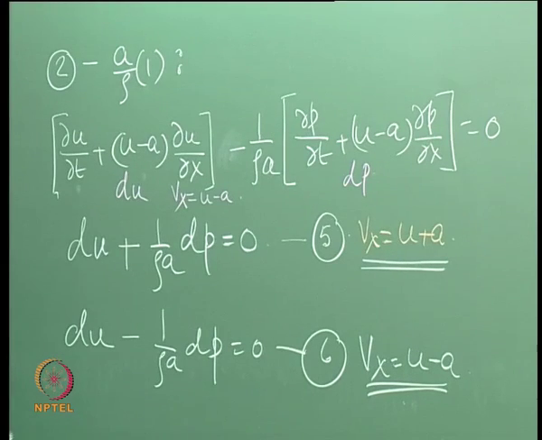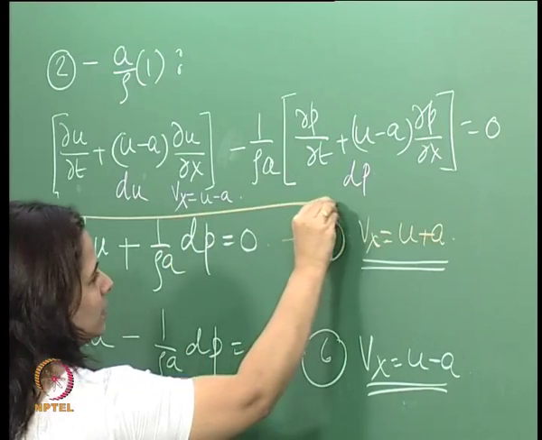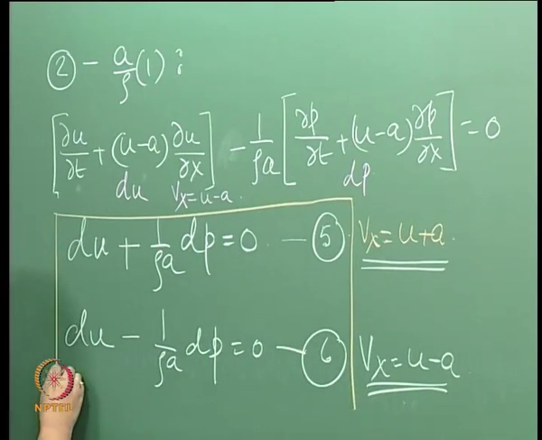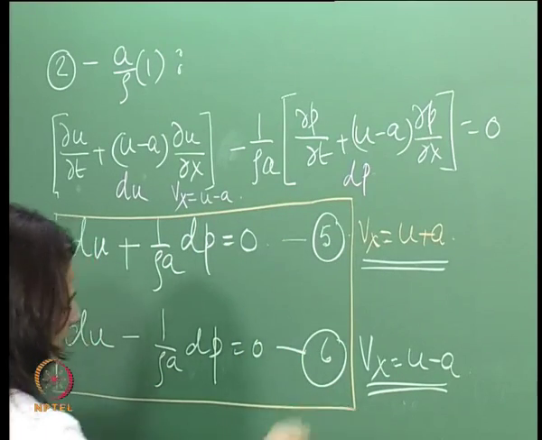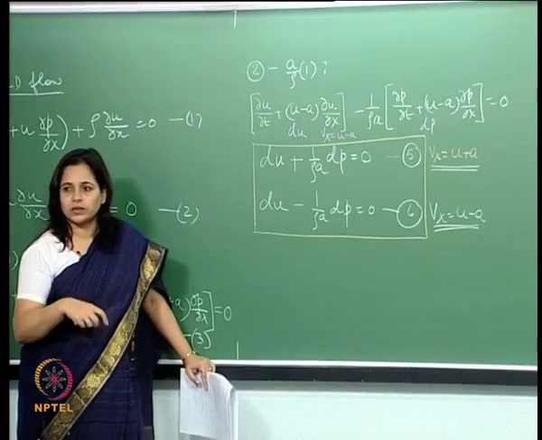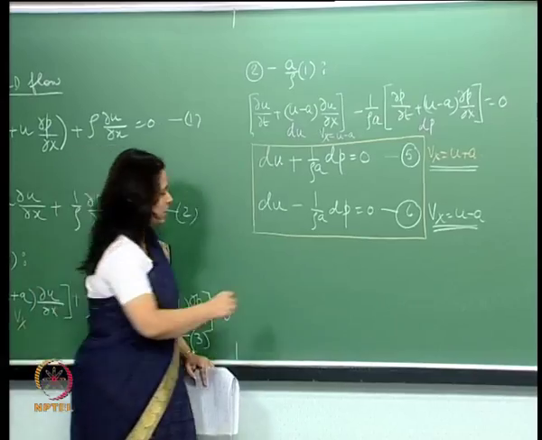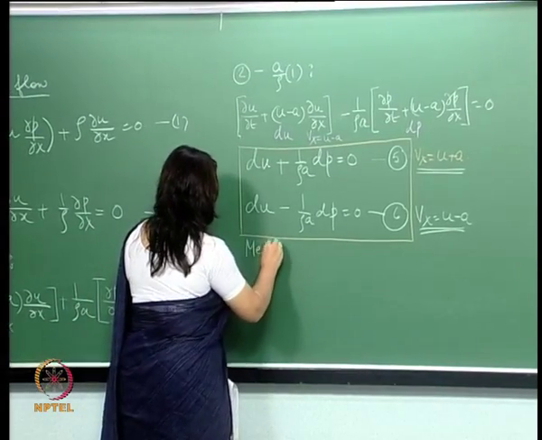Now these two equations, 5 and 6, form the basis of a very powerful method, especially in compressible flow, which is the method of characteristics. We'll begin that.